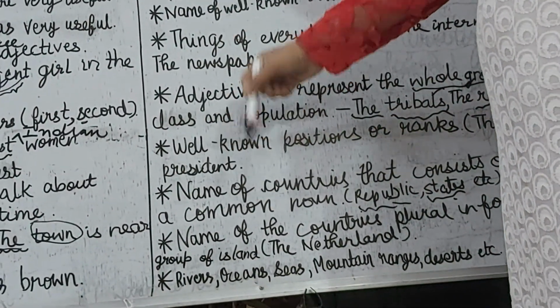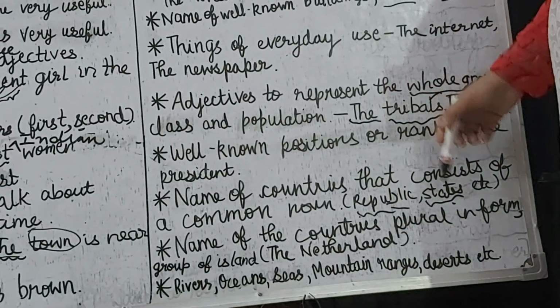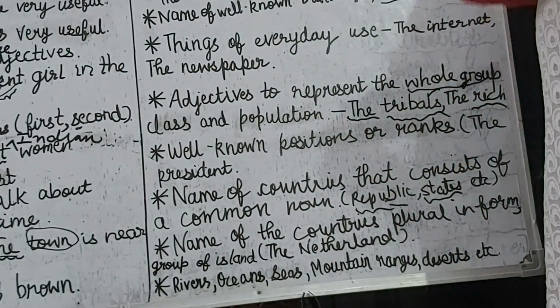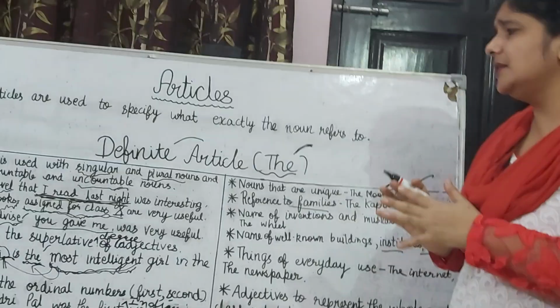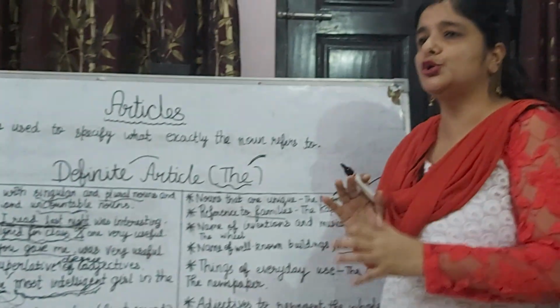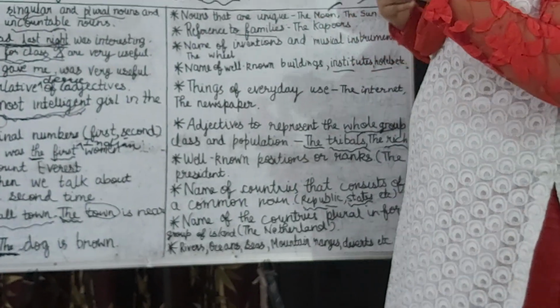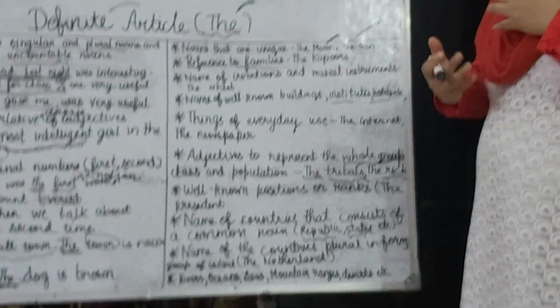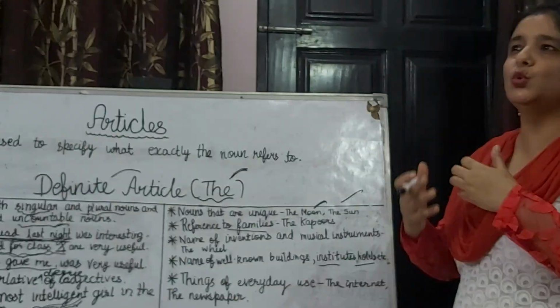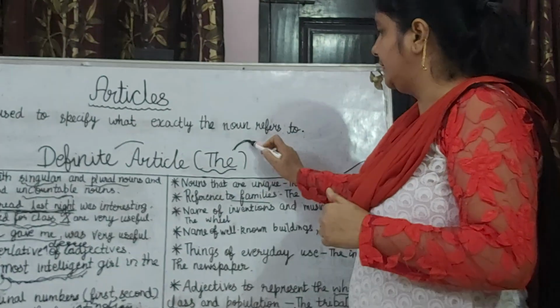With rivers, with oceans, with seas, with mountain ranges, with deserts, we use the definite article. So anything that is unique, all the rivers, the seas, the oceans, all the historical buildings or the well-known buildings, institutes, hotels, zoos, museums, with all these we use the definite article.